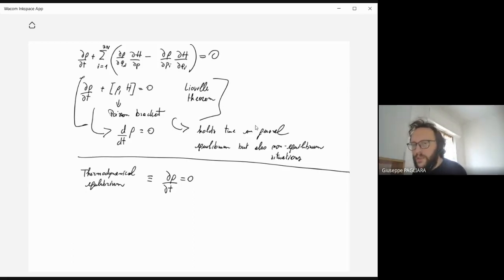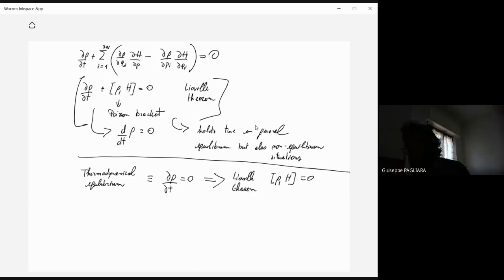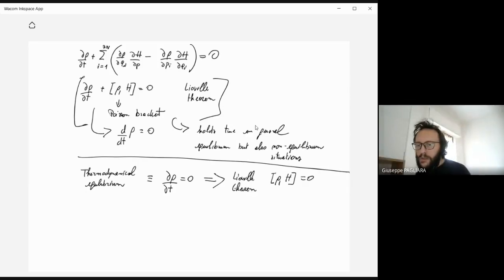So rho is stationary with respect to time, although it depends implicitly on the single p_i and the single q_i, which by using the Liouville theorem means that the Poisson bracket of rho and H is equal to 0. And now one has to analyze the situations in which the Poisson bracket between rho and H is equal to 0.